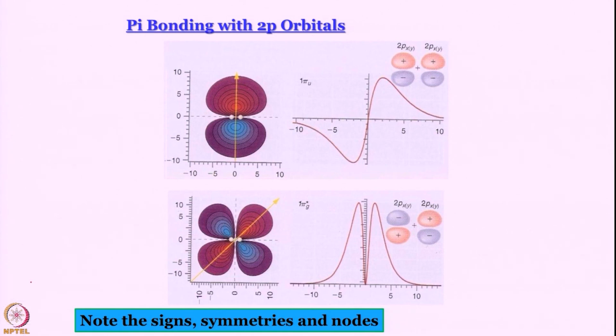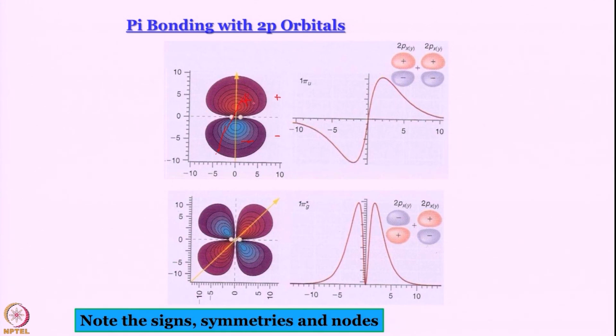When there is pi bonding, side on overlap, this is the kind of contour diagram that you generate. Here we have a plus sign and here we have a minus sign, the sign of the wave function. I will just write beside it plus and minus, and here you have a node. If you start from any point of the wave function, go through the center, equal distance on the other side, you get a change in the sign of the wave function.